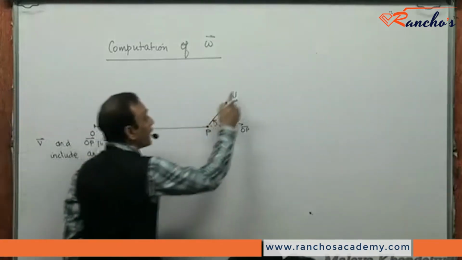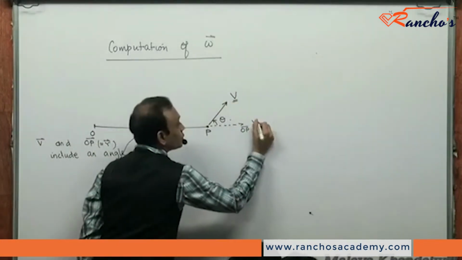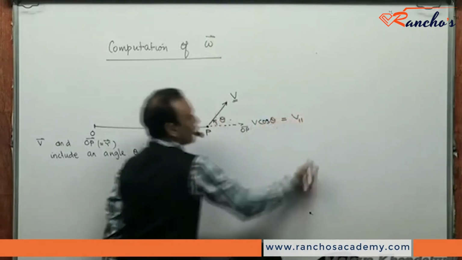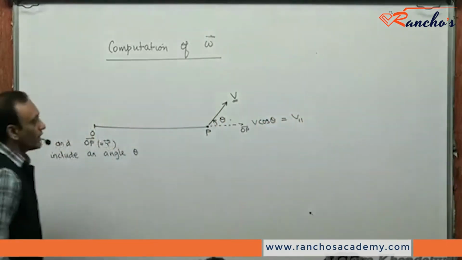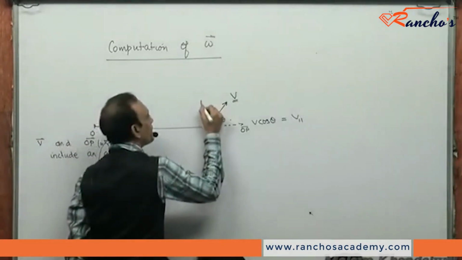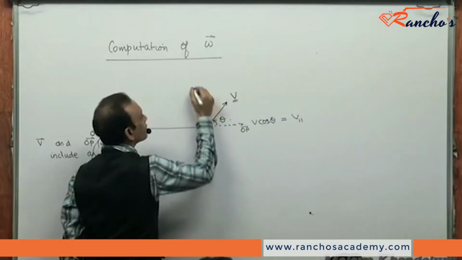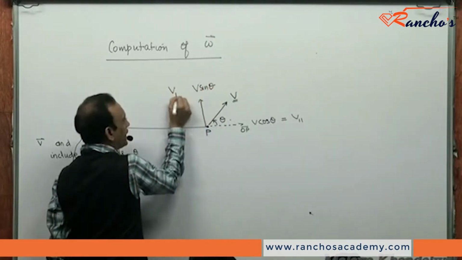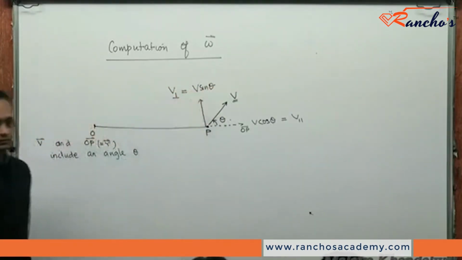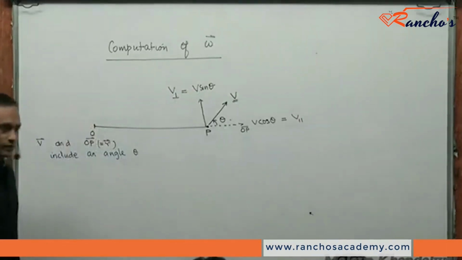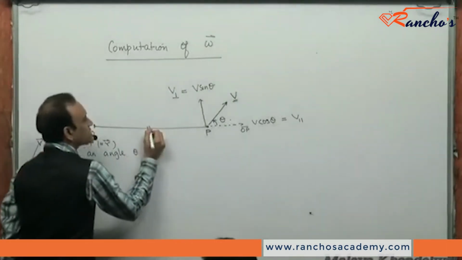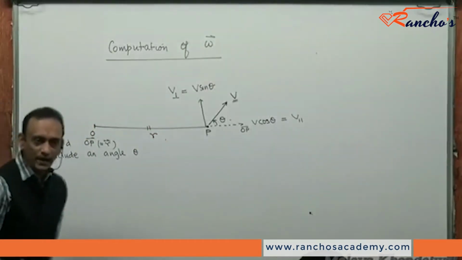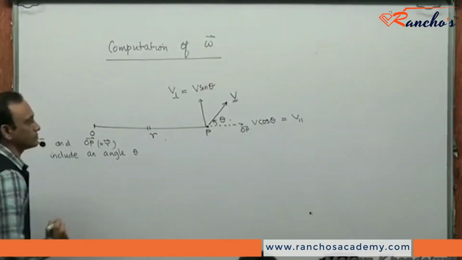Now, very clearly, I could have resolved V as V cos theta parallel to OP. This is the velocity component parallel to OP. Yes or no? And V could have been resolved perpendicular to OP. This is the component of the velocity perpendicular to OP. I call it V perpendicular. Right? And say the separation between the particle P and the observer O is R.